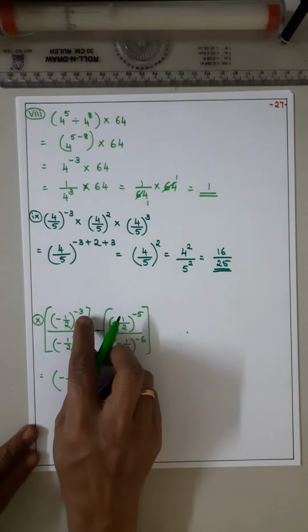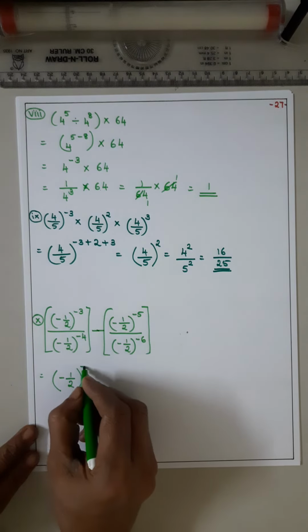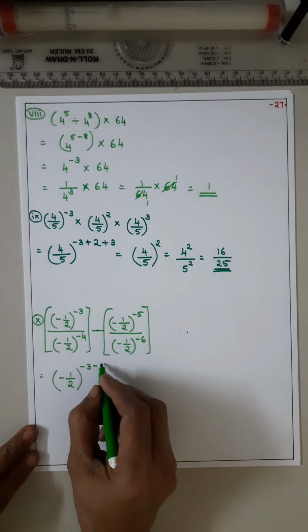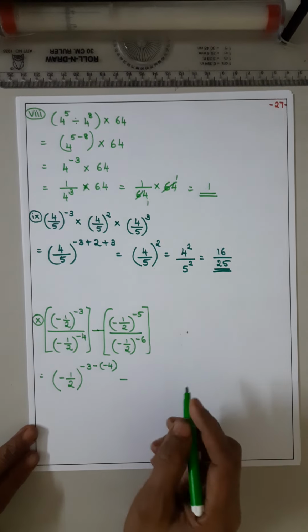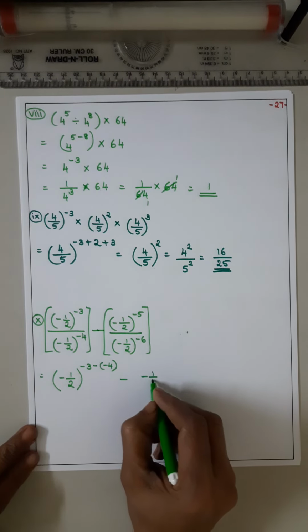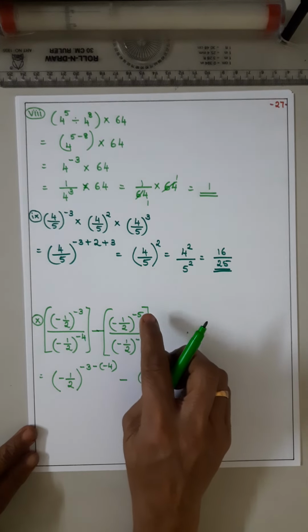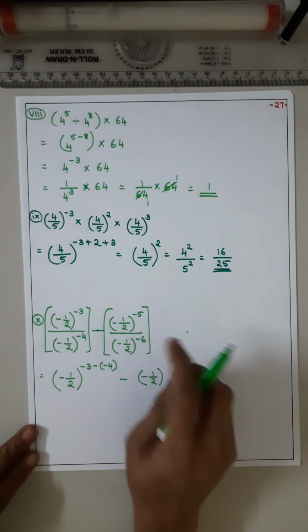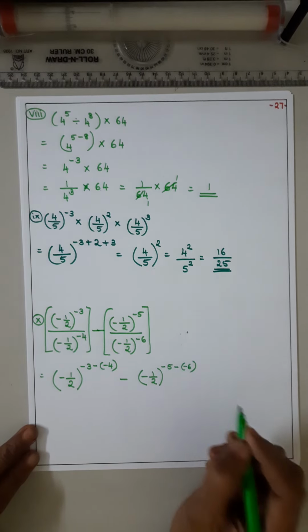Division means what we have to do? The power, it will be -3 minus -4, isn't it? Minus, this becomes -1/2, the whole raised to how much it will be? -5 minus of -6.